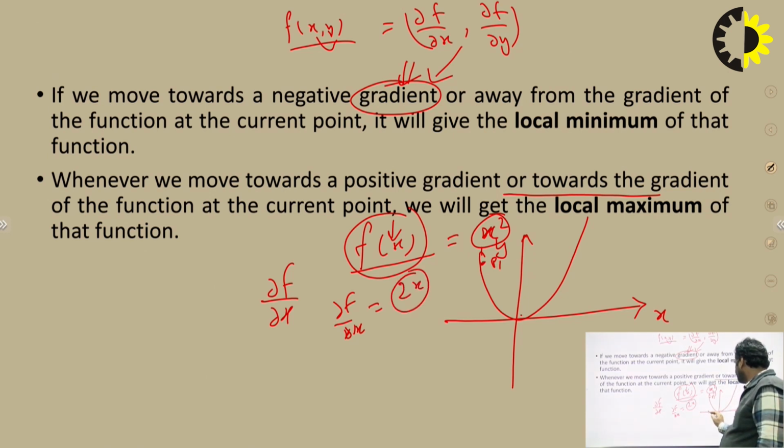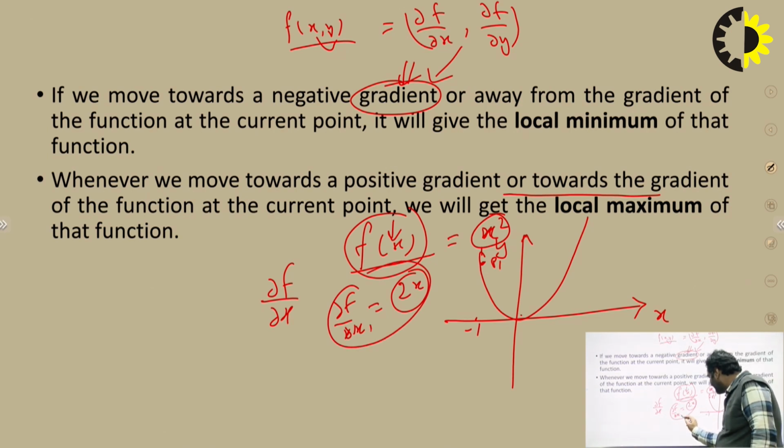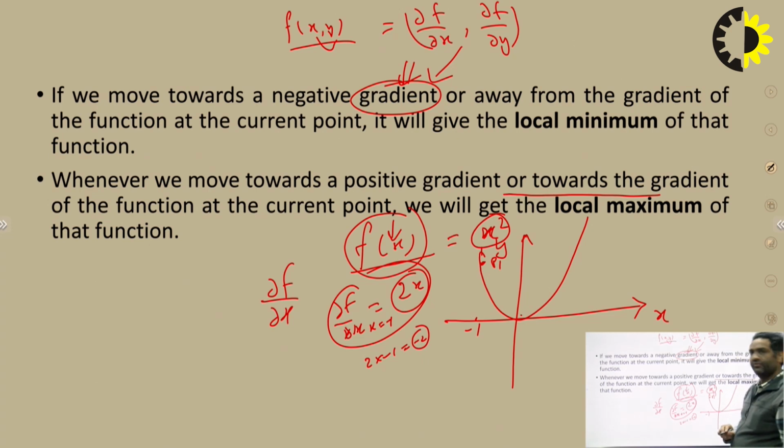Suppose this point is x = -1. At this point, what is the value of the gradient? That is 2x at x equal to -1, that is 2 into -1, which is -2. So this is our gradient at a random point.